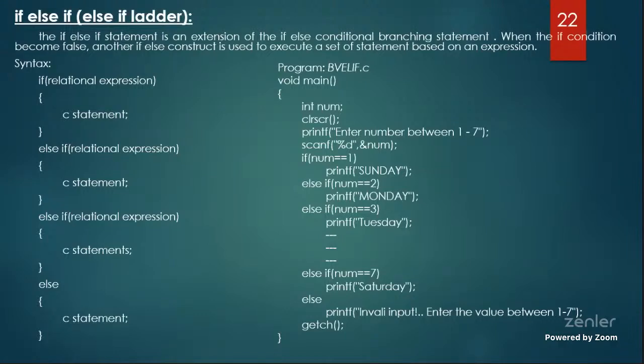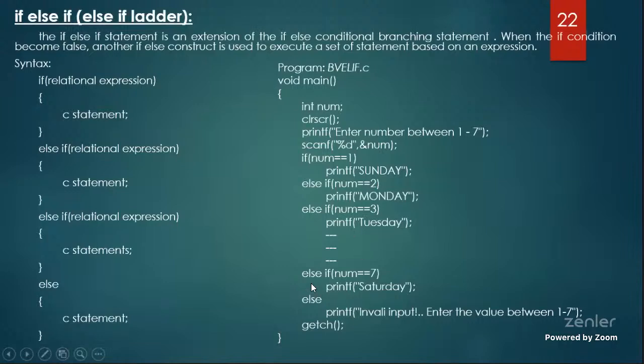One thing you have to understand: for example, I just want to print Saturday, but all the statements are to be checked. You have to check for Sunday first, then the next condition, and it keeps moving on.